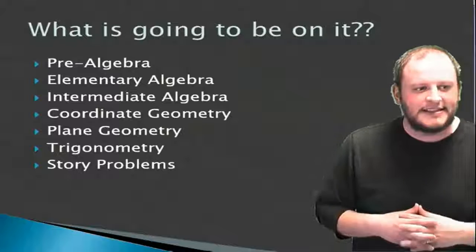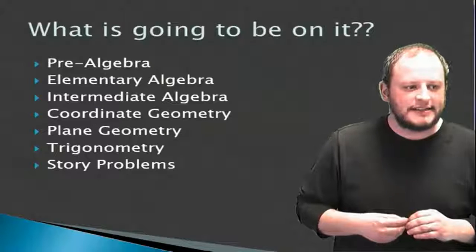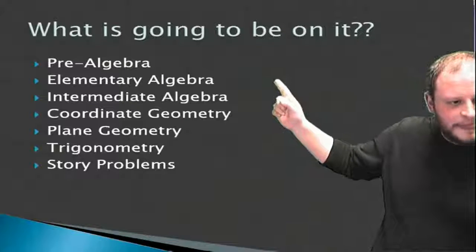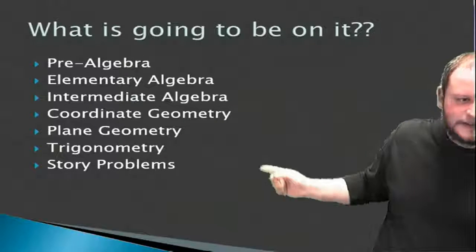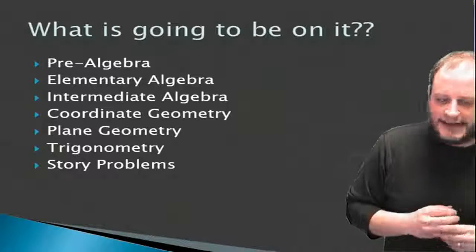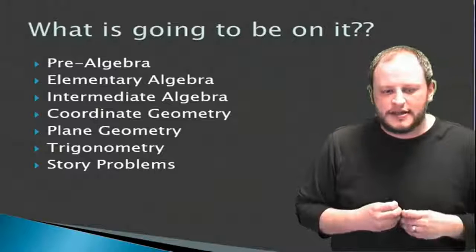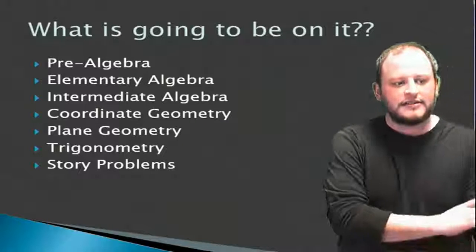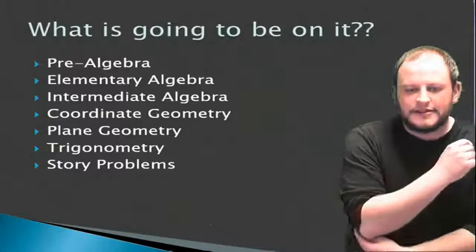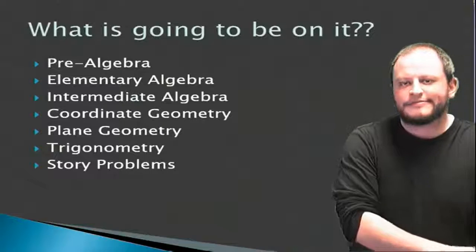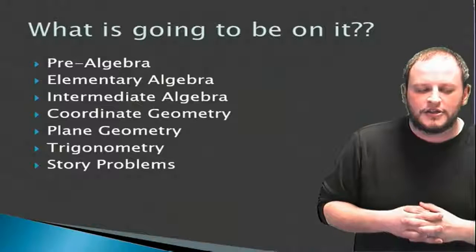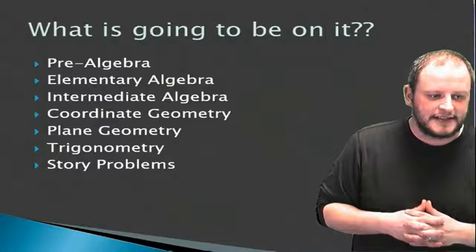As you can see here, I've broken it down into six general categories. We're going to have some pre-algebra, some elementary algebra, intermediate algebra, coordinate geometry, plane geometry, and trigonometry. Those are about the six different main topics that you will see on the ACT test.